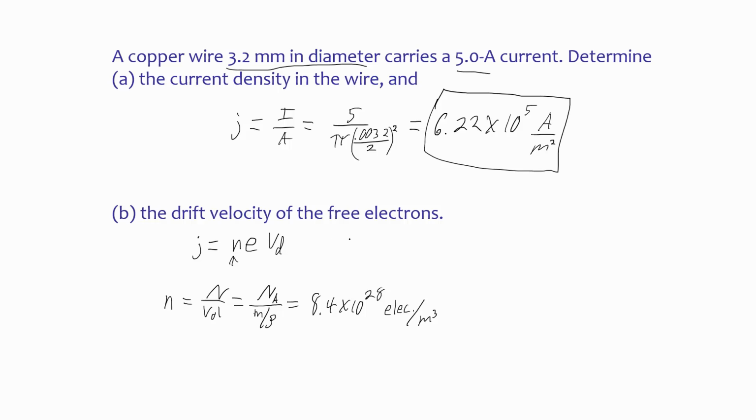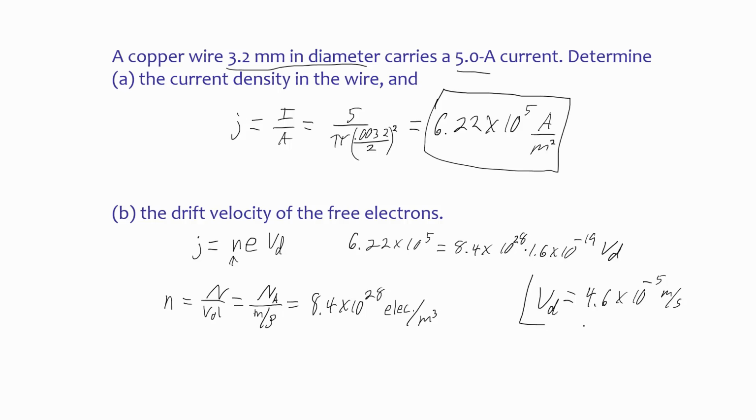So we've got our current density, 6.22 times 10 to the 5th. Then we've just found N here, 8.4 times 10 to the 28th. Charge on a single electron, 1.6 times 10 to the negative 19th. And then we solve this for the drift velocity, which works out to be 4.6 times 10 to the negative fifth meters per second, which is actually incredibly small.